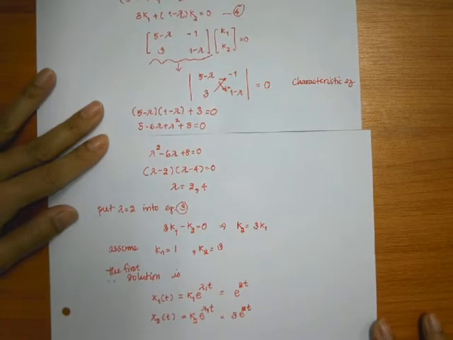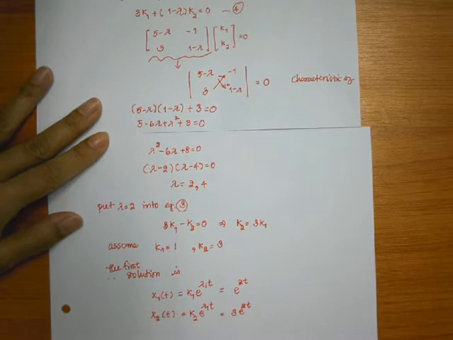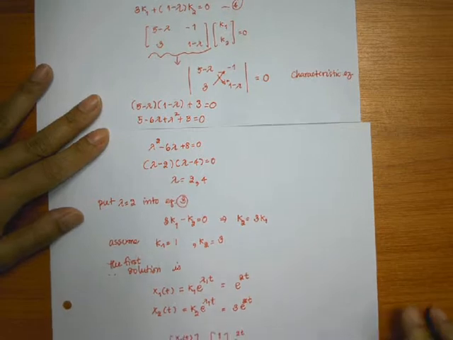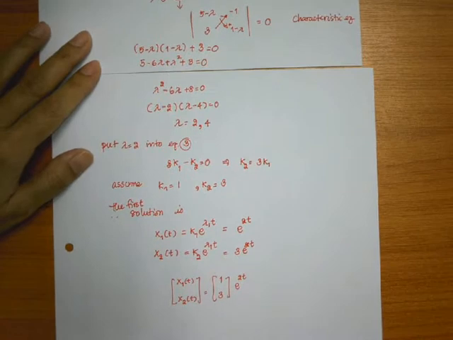If we write it down in terms of a matrix, we would get the solution. Then the second set of our solution.